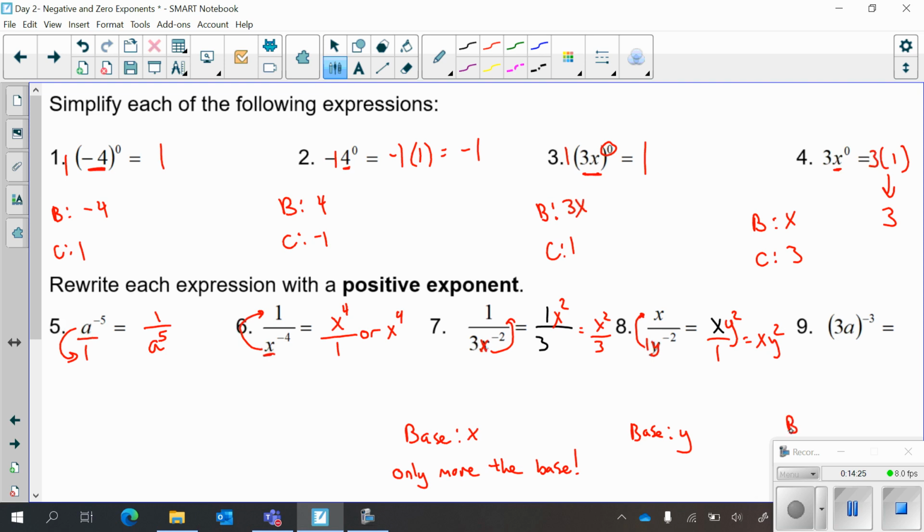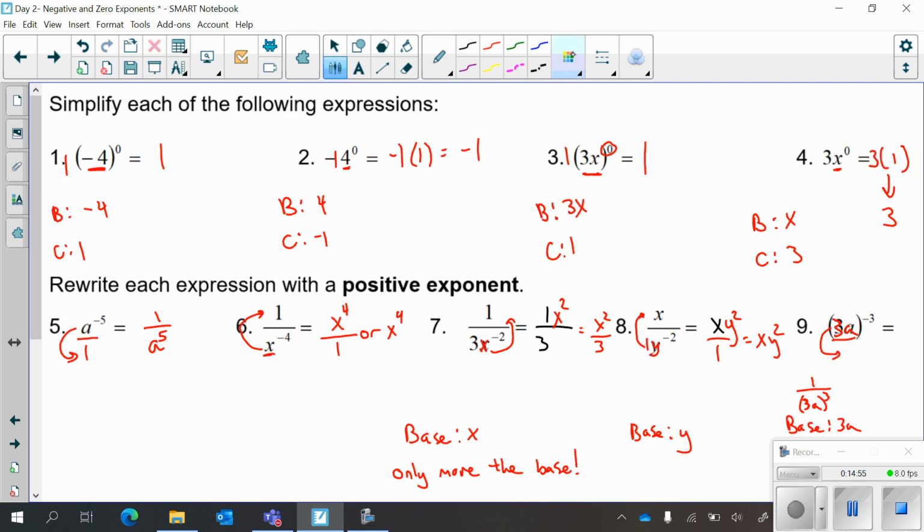Now, in the last one, your base, because of those parentheses, everything is the base, the 3 and the a. So when you flip this, the 3 and the a both have to go to the denominator. This becomes 1 over 3a cubed.